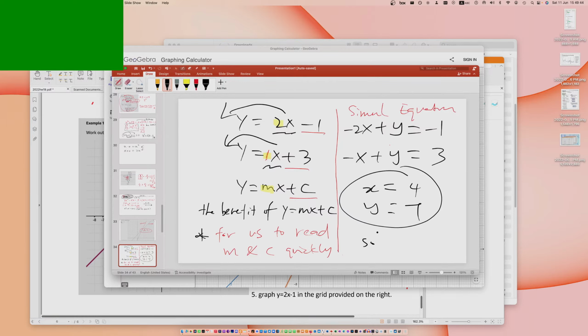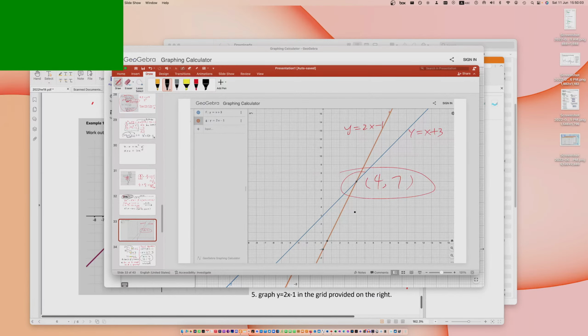Is the solution. So you use your calculator to solve this simultaneous equation, you get the solution. This solution you compare to the point just now.